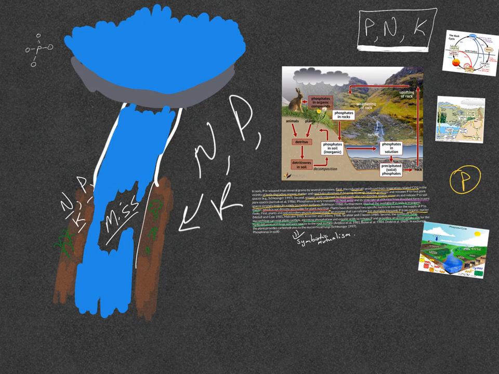Phosphorus in terrestrial ecosystems and in aquatic ecosystems is very difficult to release from the mineral. It takes a long time for phosphorus to be uplifted, to be weathered, broken down, eroded and dissolved and taken by creeks and rivers to the land through flooding and what have you. And it takes even more time for that phosphorus that's trapped in minerals to be released in an inorganic form, to be able to be absorbed by plants.